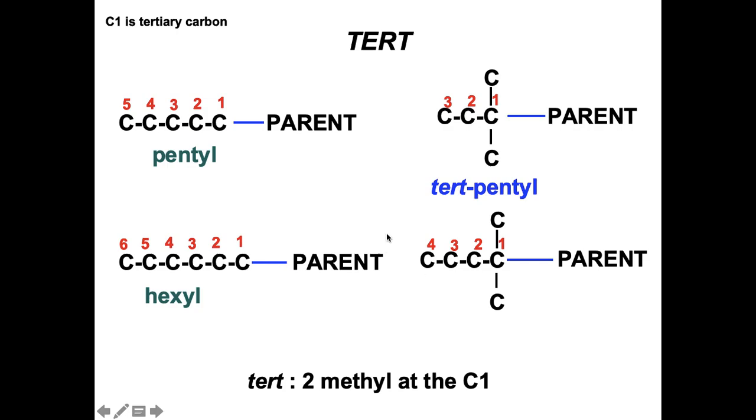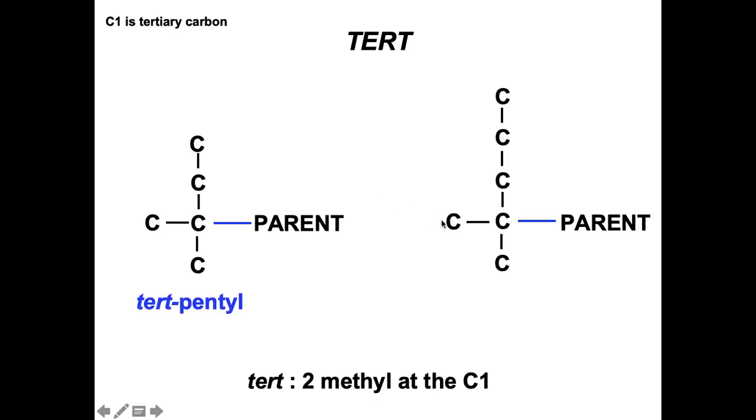And this one, total number of carbons are 6, so it is tert-hexyl because you have 2 methyl at carbon number 1 branch. Note that the carbon number 1 for both are tertiary carbons.